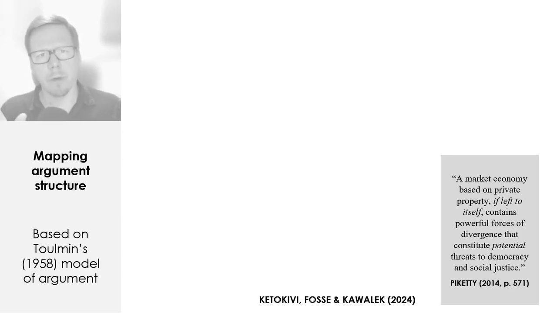So, what we call the divergence claim can be restated from the central contradiction of capitalism as follows. A market economy based on private property, if left to itself, contains powerful forces of divergence that constitute potential threats to democracy and social justice.